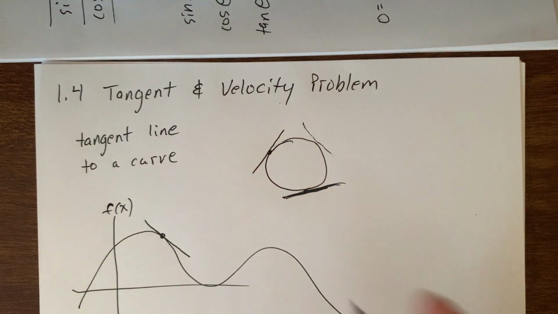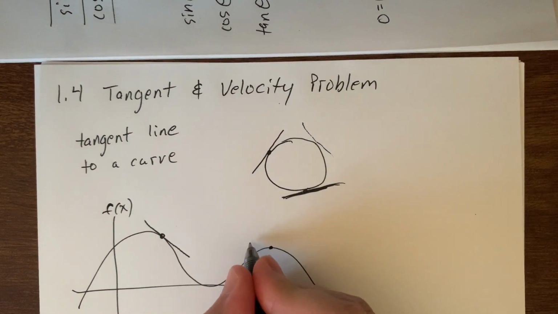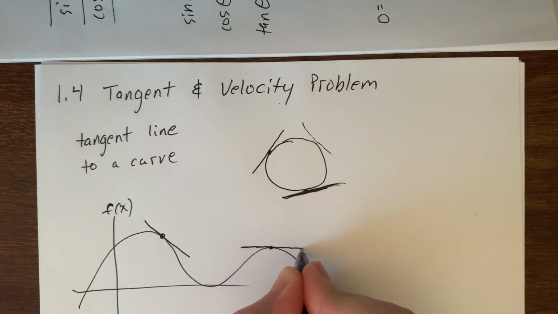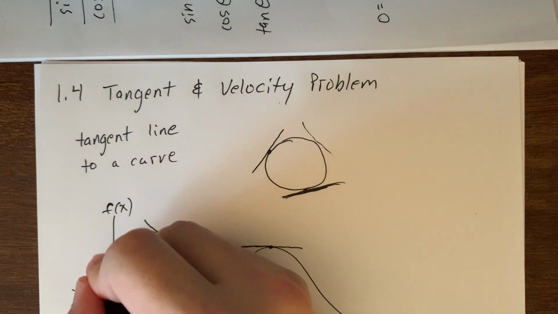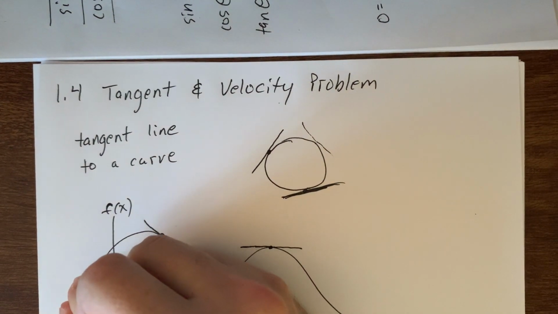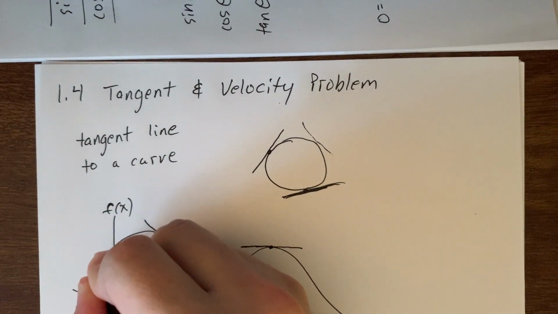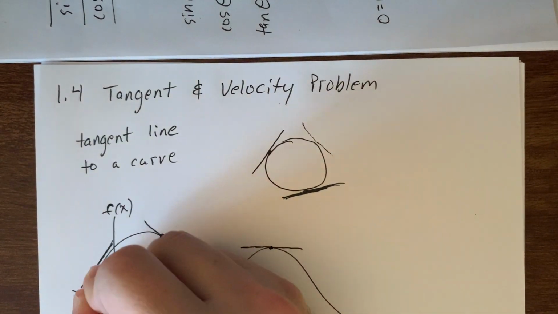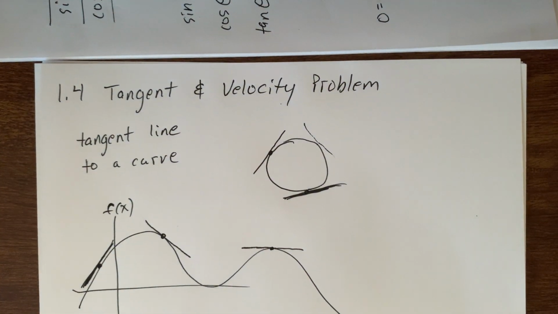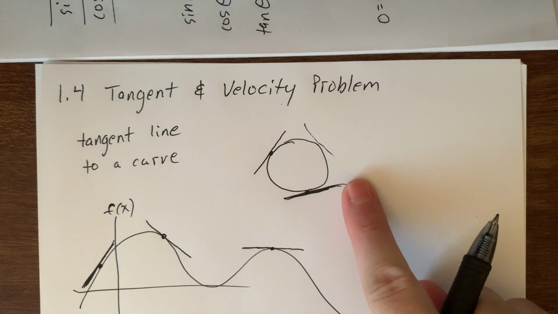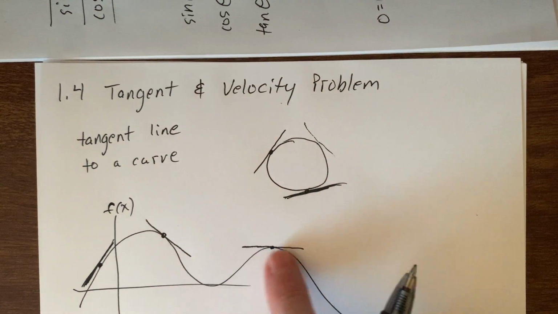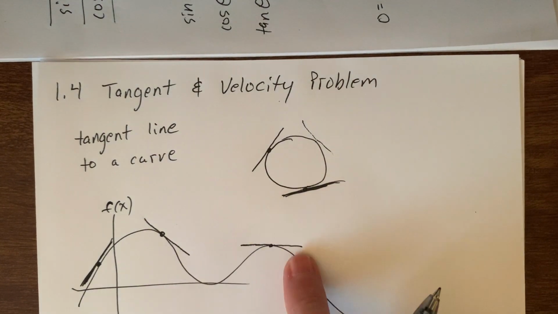So maybe if I pick a different point over here, that line would probably be horizontal. If I pick this point over here, then I would have this positively sloped line right about here. So once again, just like we saw in the circle, I could pick any point I want, and I can draw and see the tangent line.